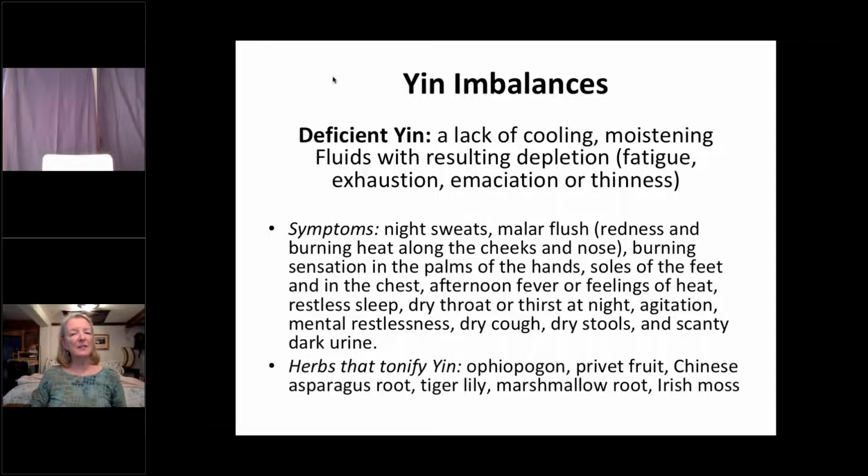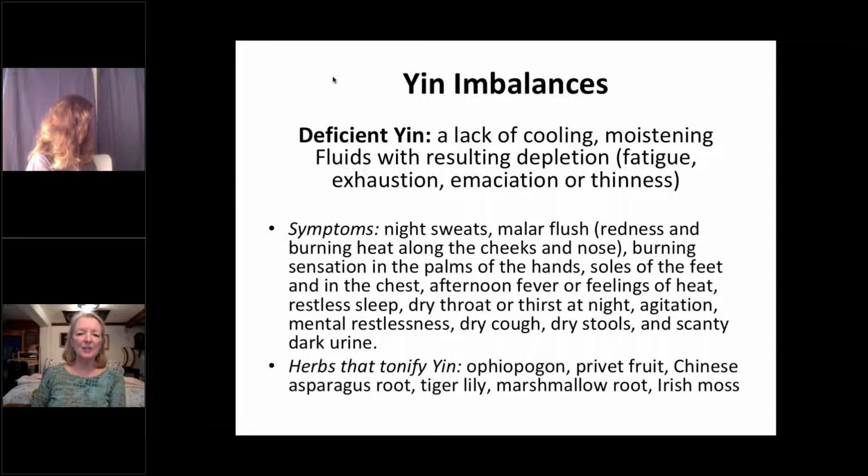This is a little different than demulcents. Demulcents may be used, like marshmallow, slippery elm, aloe vera, but they're not the same as herbs that tonify yin, which not only cool and moisten like demulcents, but also give that extra sort of energy to the body. American ginseng is in this category.